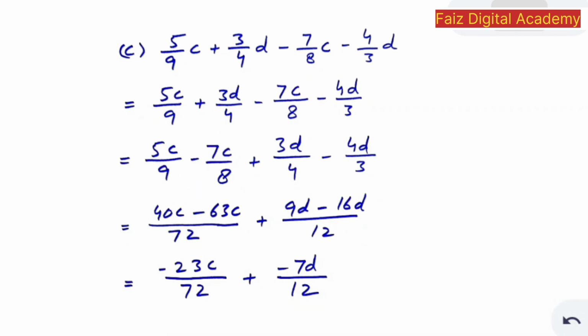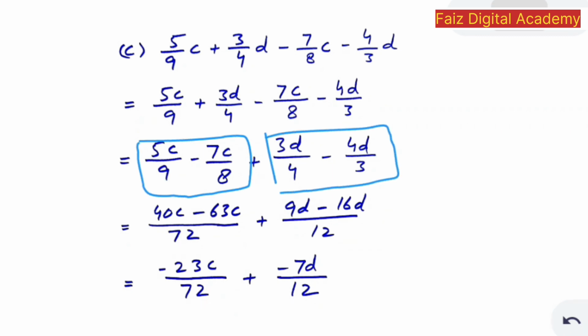Then the next step is grouping. So we group the c type and the d type of fractions, and once we have done it, we have to take the LCM. 9 into 8 is 72, and 72 divided by 9, we get 8, and 8 fives are 40c.